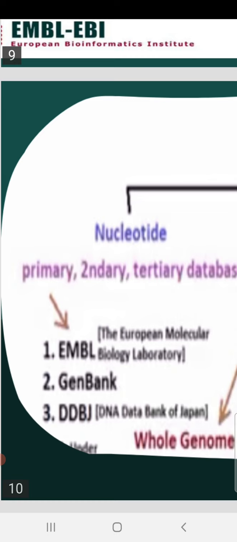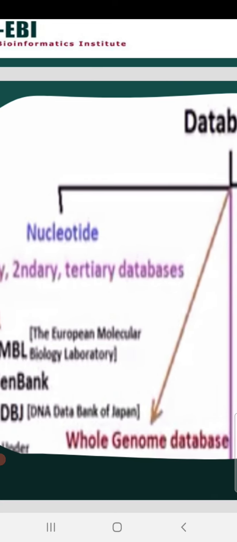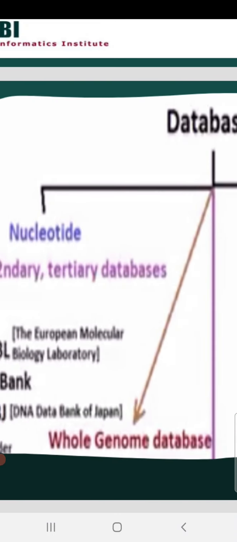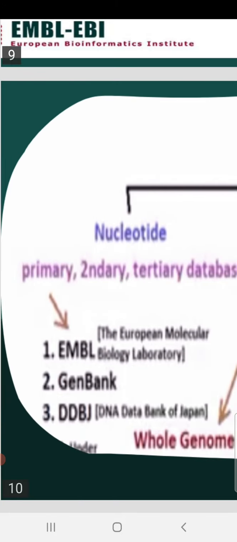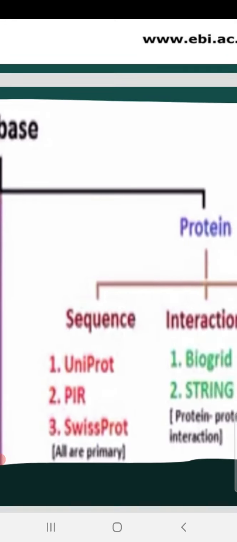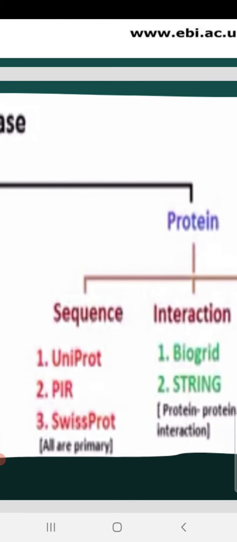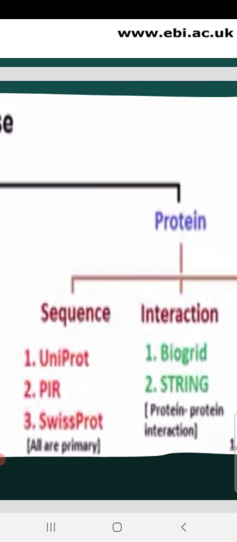So the different databases: GenBank, EMBL, DDBJ, that is DNA Data Bank of Japan. So these are the different databases: whole genome databases and nucleotide genome databases, giving the primary, secondary, tertiary databases. And the protein databases can be based on sequence, interaction and structure.